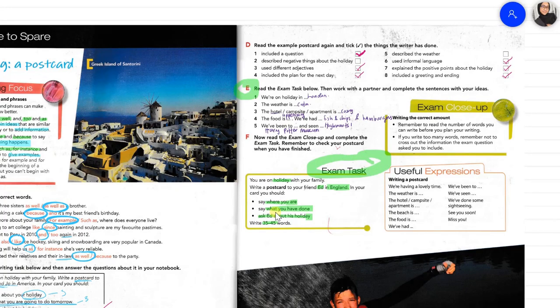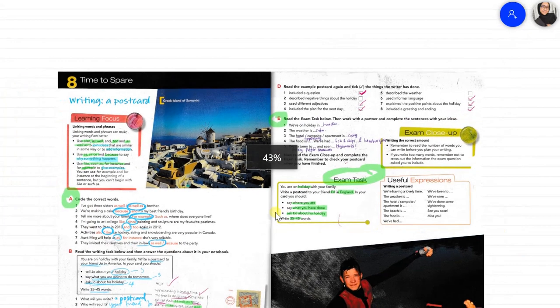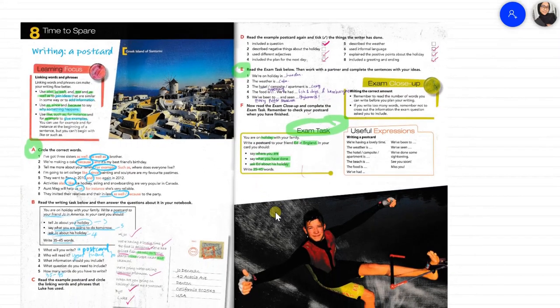So only 3 of these. Task A, E and the exam task. You need to include this in your E1. For task A, write down just the answer, only the answer. And for task E, write down the complete sentences, and the exam task, the postcard itself.